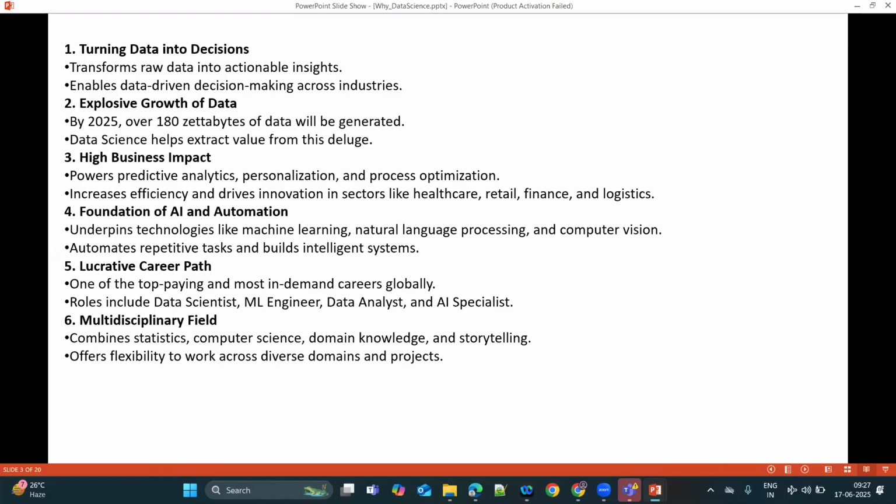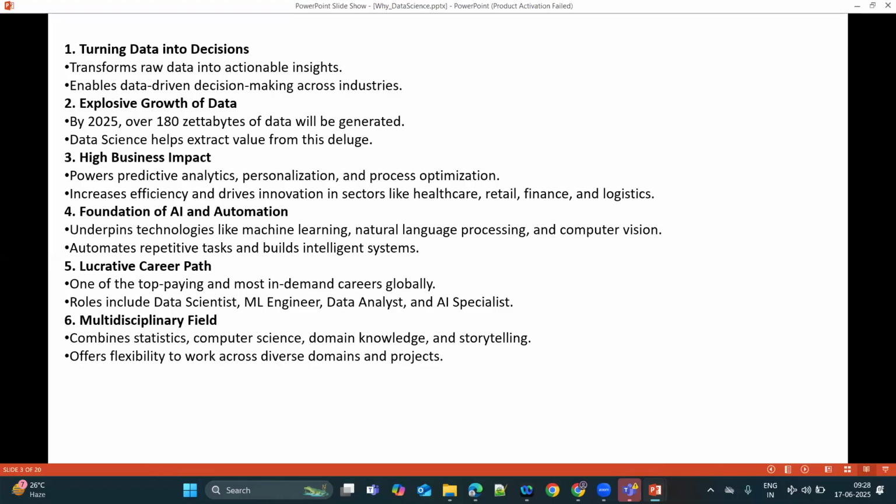And the storytelling. If you want to explain what you did, you won't give your code to the client, and moreover the client won't understand the code.